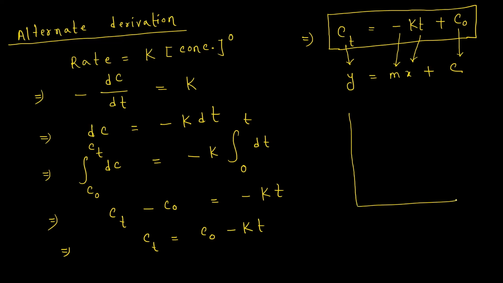So if we plot a graph where we take time in the x-axis and concentration in the y-axis, our concentration of reactant will drop linearly.